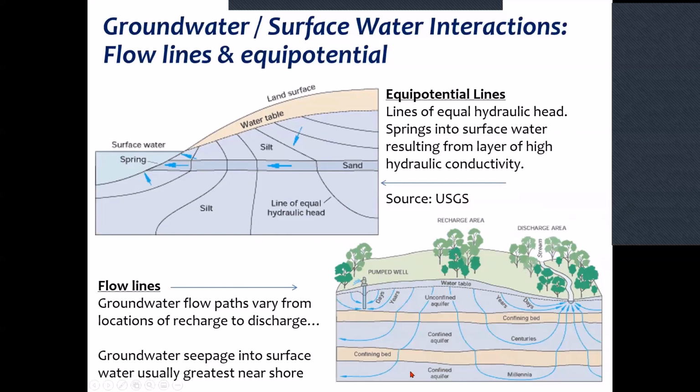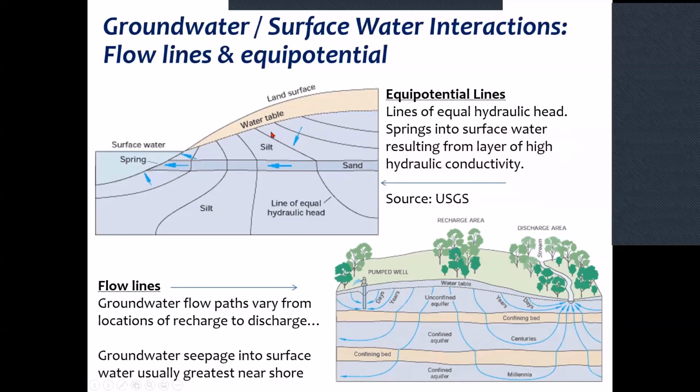You don't actually see the lines of equipotential, but you do see the flow lines. And the other interesting thing to note is that where you've got changes in the soil condition or the bedrock condition, you tend to see a shift in the direction of the flow line and/or the equipotential line. So you can see that here.